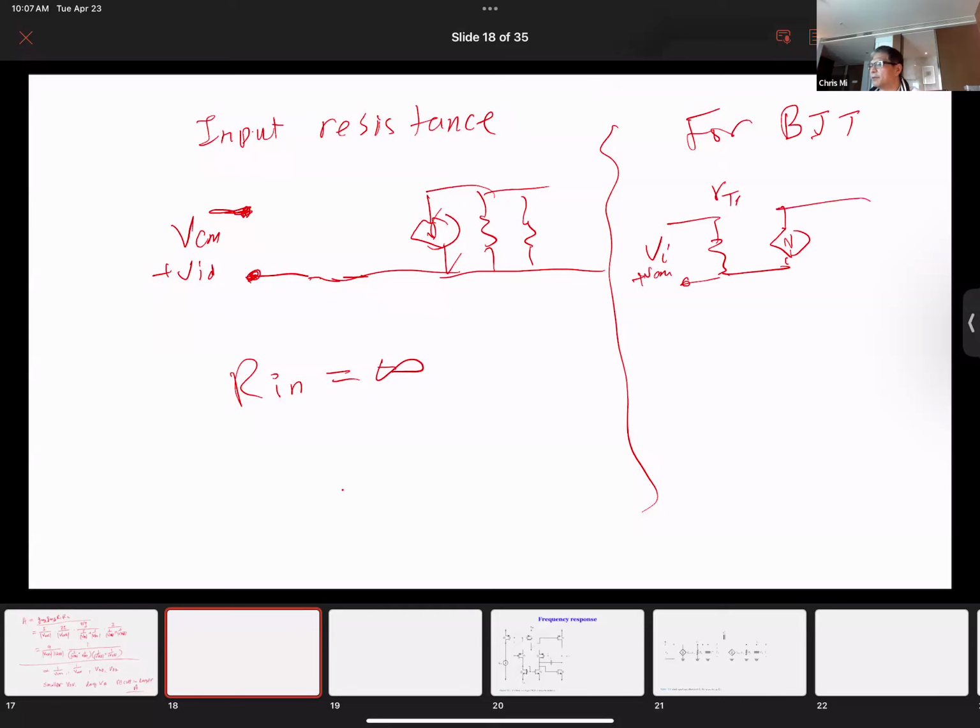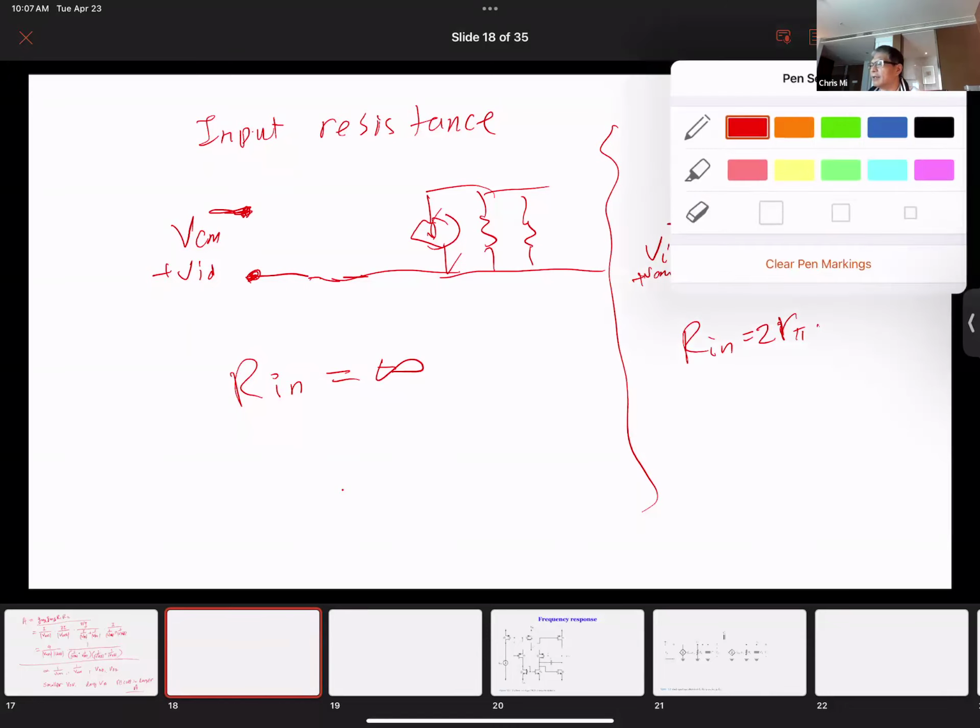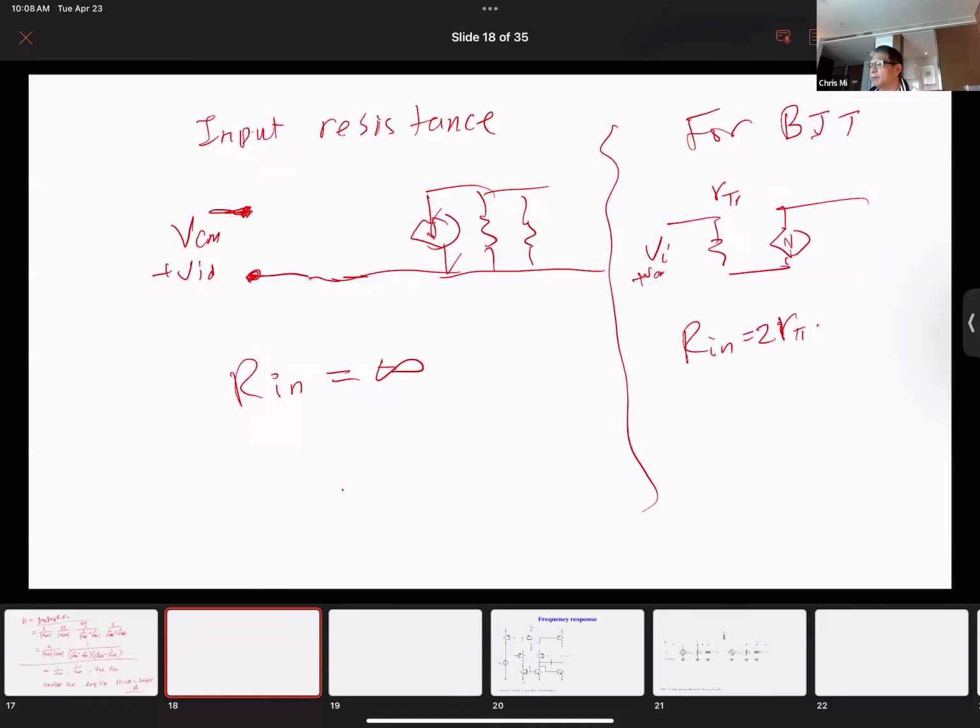And since this is a differential stage, you have another circuit, so therefore your input resistance will be something like R pi times 2. Your input is connected to another circuit on the other hand. So this is your input here, but then you also have another one here, right? So you have the input going to 2 R pi.